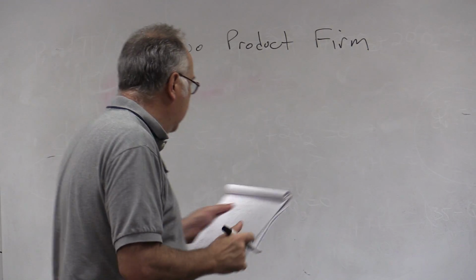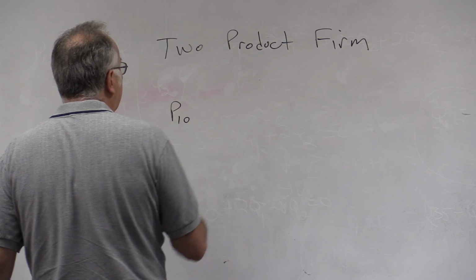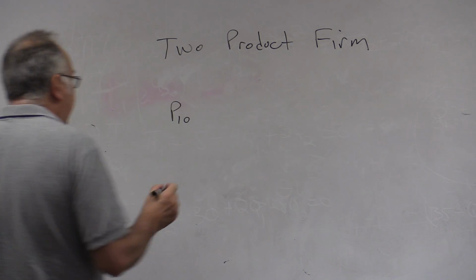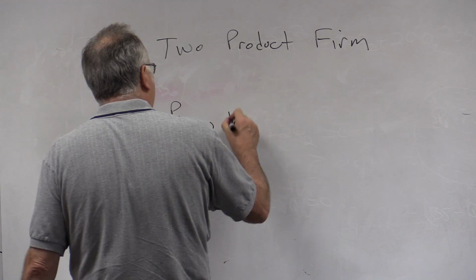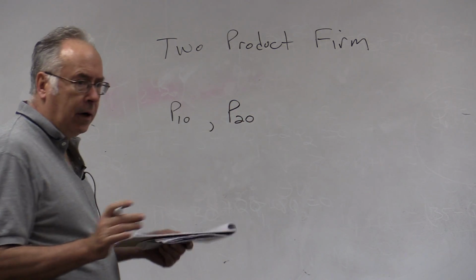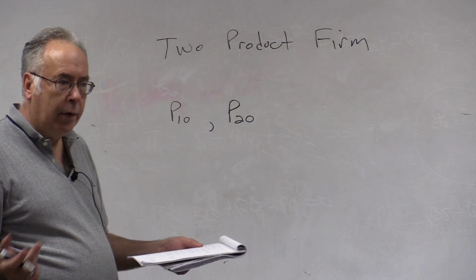Product 1 is sold for this price, P1 sub 0. And I'm not going to specify what the price is. I'm just going to call it P1 sub 0. Product 2 is sold for this price, P2 sub 0. And the firm can sell as much as they want at those prices for product 1, product 2.